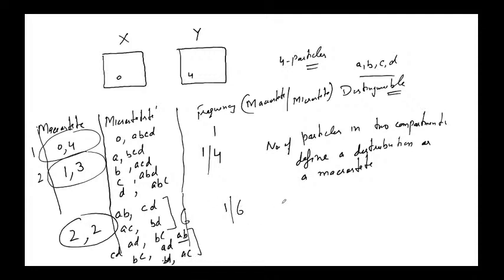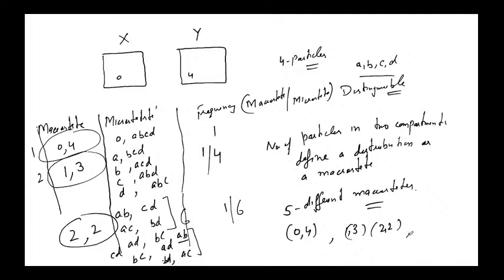There are 5 different macrostates: 0:4, 1:3, 2:2, 3:1 and 4:0.